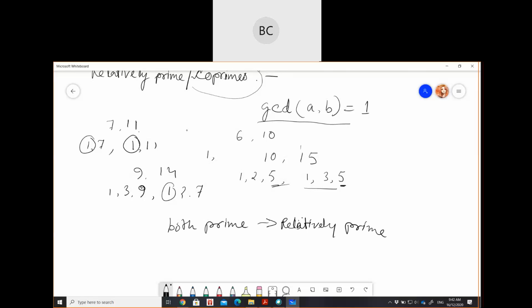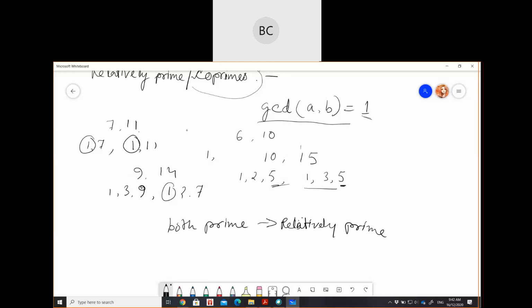But apart from this, even non-prime numbers can be co-primes too. But you have to make sure that the GCD will be 1 only.